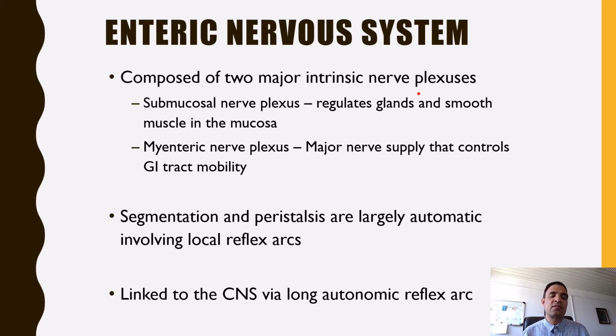Segmentation and peristalsis that we see in different parts of the GI system are generated by this enteric nervous system and the reflex arcs that are generated locally. This system, however, is independent, but it has connection with the central nervous system, and therefore is able to generate even long arc reflexes.